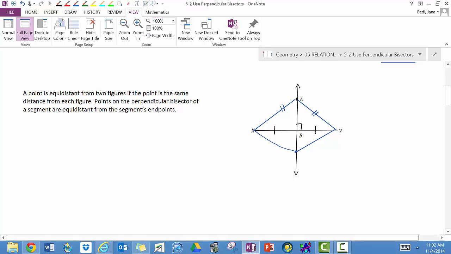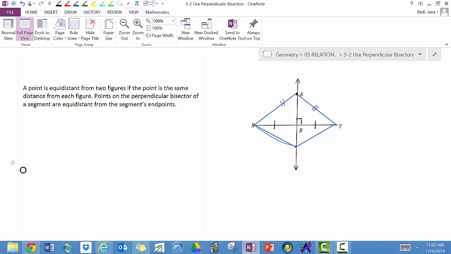Let me try and draw a segment here. Okay, not perfect, but it'll have to do. So let's see if I can fix that. Take the crooked one out. Okay, and so let's call this point T. So that is also equidistant from X and Y.